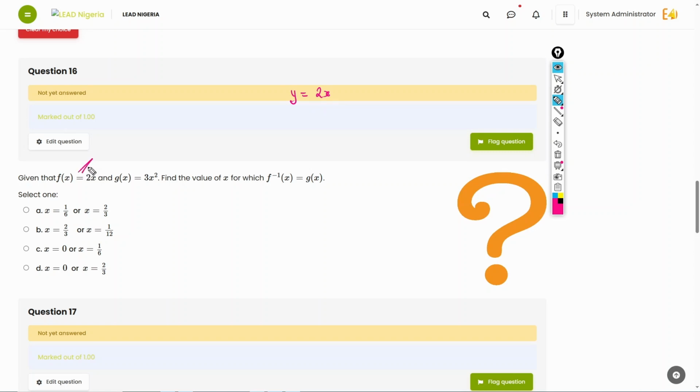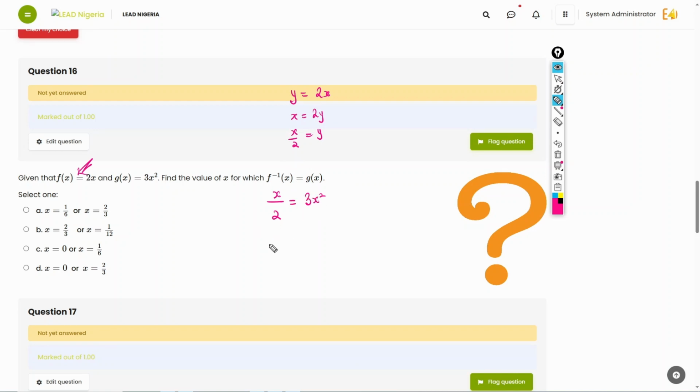Now I'm solving for the inverse function, and the way we do this is we just switch x and y. So x must be equal to 2y. Make y the subject, you get y equal to x over 2. So where is x over 2 equal to 3x squared? That's the question we are being asked.